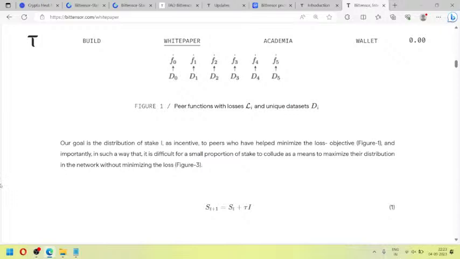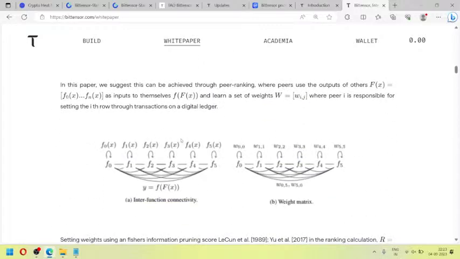Our goal is the distribution of stake as incentive to peers who have helped minimize the loss objective, and importantly in such a way that it is difficult for a small proportion of stake to collude as a means of maximizing their distribution in the network without minimizing the loss.